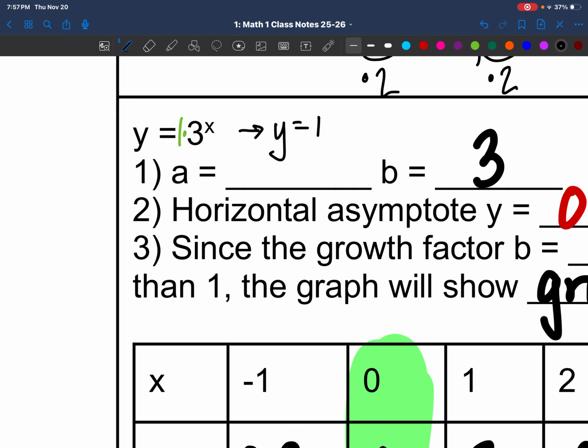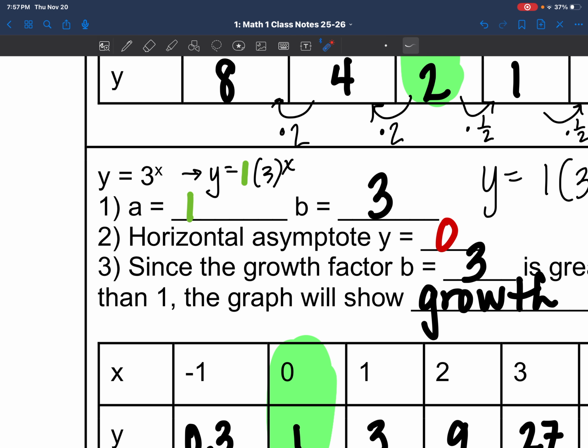Y equals 1 times 3 to the x power. So just remember when you're doing this, if there's no number written, then your y-intercept is going to be 1. So just be careful with that. And then growth factor is 3. Horizontal asymptote is this. And since it's 3, it's going to be growth. So your curve is going to curve up like that.